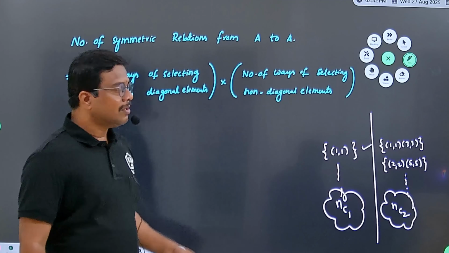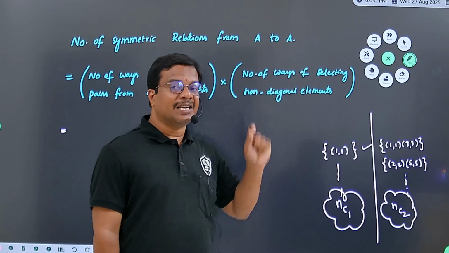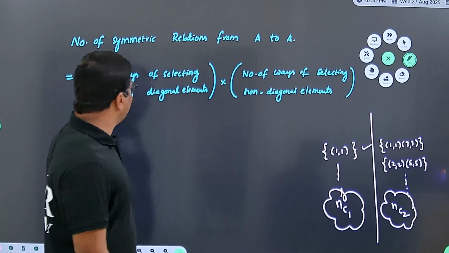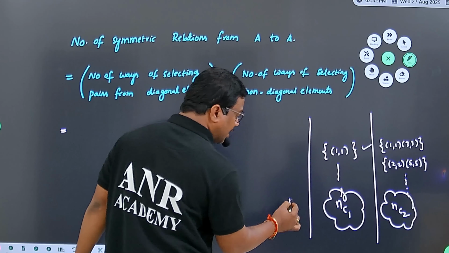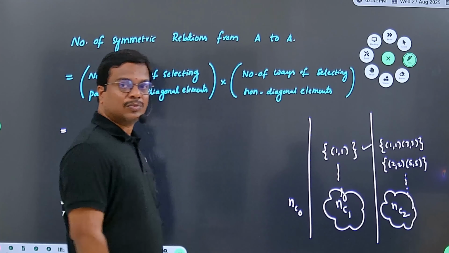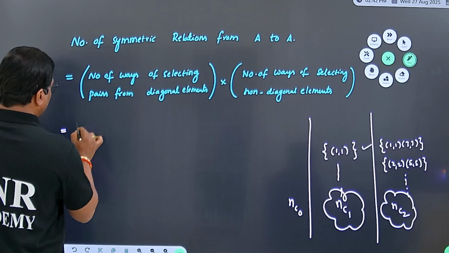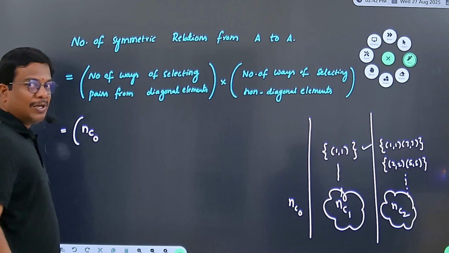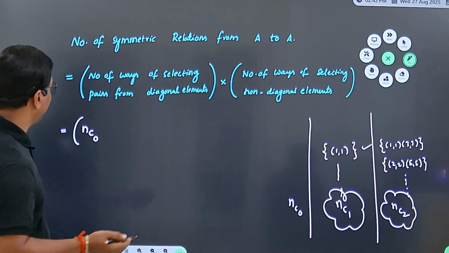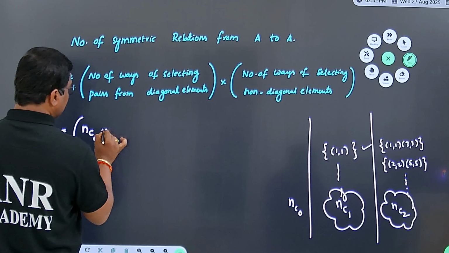Or you may select a relation without diagonal elements also. How many such chances are there? nC0. So without choosing diagonal elements, you can frame a symmetric relation. One chance.